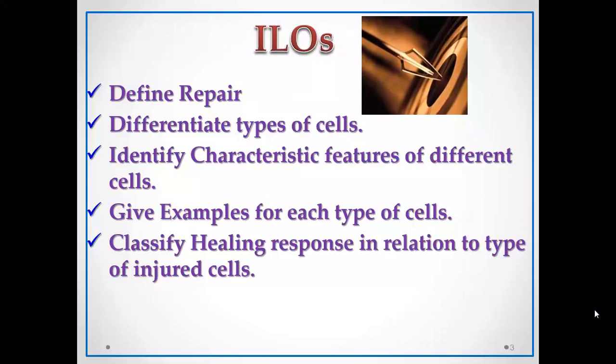What are the types that could proliferate only when stimulated? And so on. We also need to identify the characteristic features of different cells, give examples of each type of cells, and then classify healing response in relation to the type of injury.